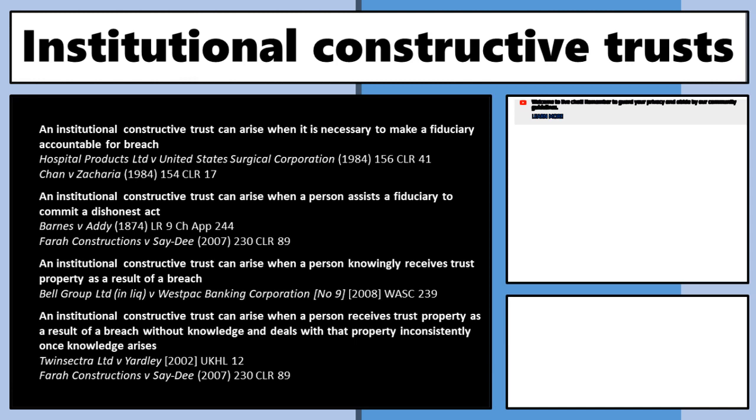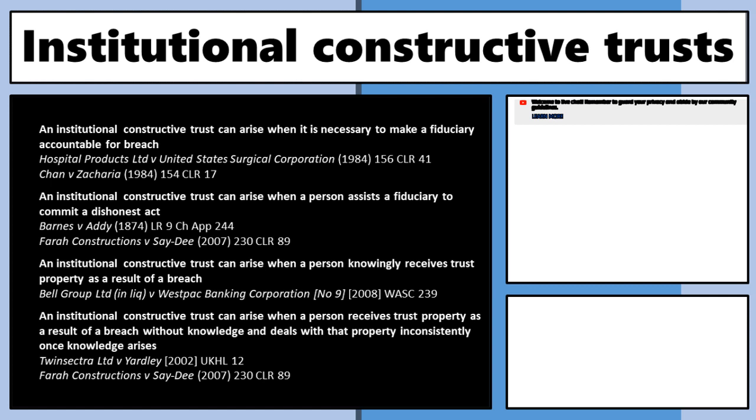Okay, so I'm going to talk about each of these: this idea of assisting people to do dishonest things when there is a fiduciary relationship, and the receipt of trust property. And again, that falls into those two bottom categories. There's the receipt of trust property that has been obtained as a result of a breach, which has certain rules associated with it.